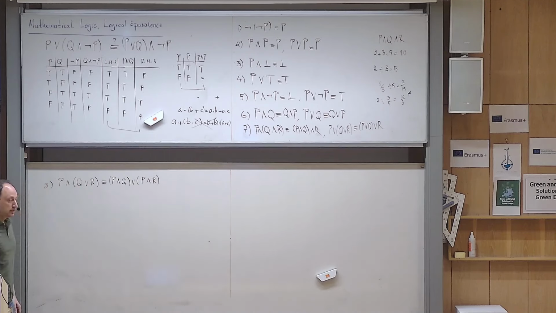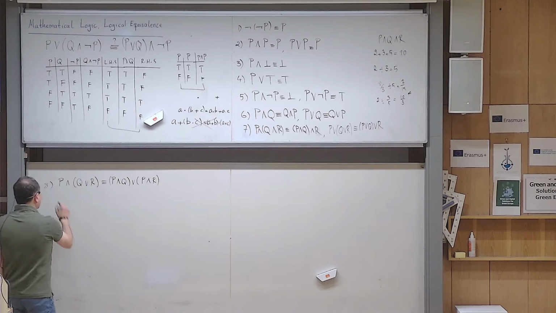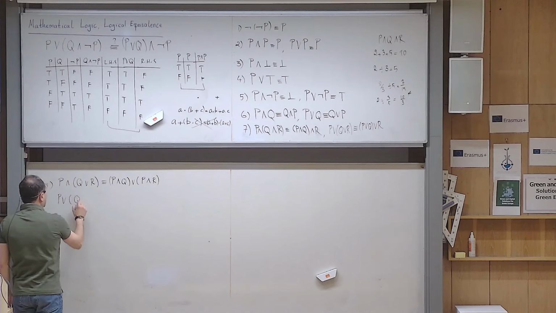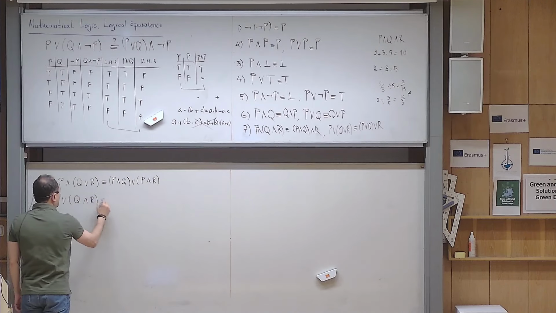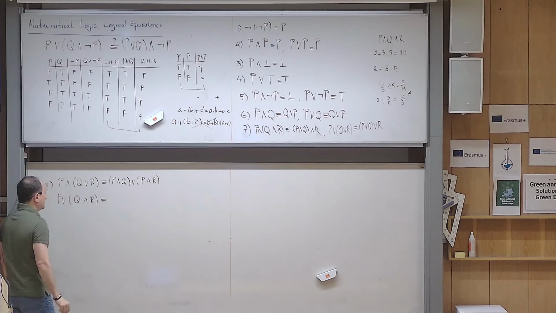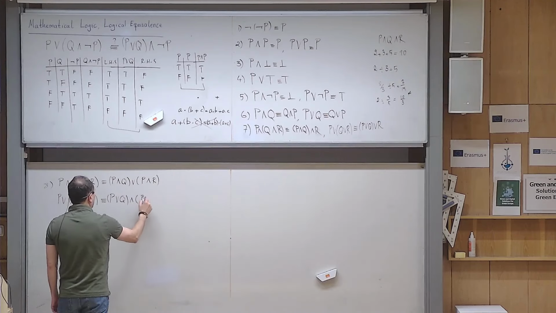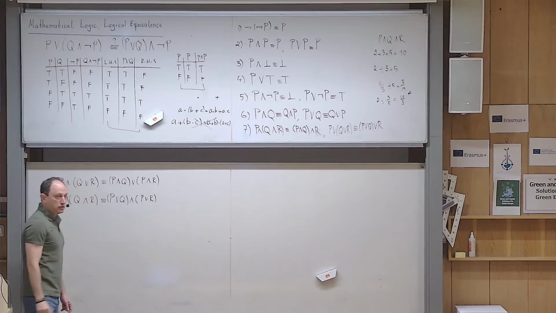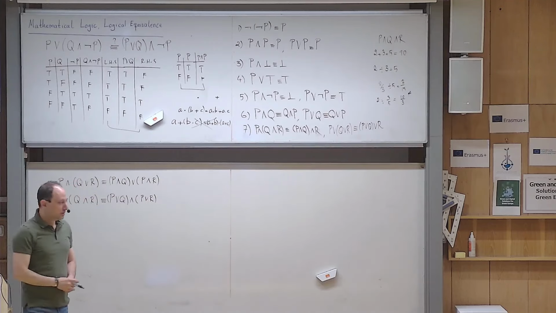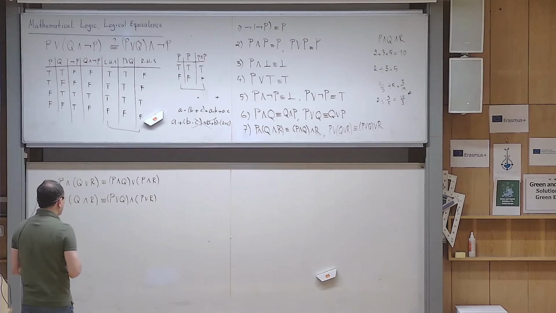Okay? And then P or Q and R, if it is true, it should be what? P or Q and P or R. Okay, it turns out both of them are true. But the proof, I hope that this is trivial for you now.